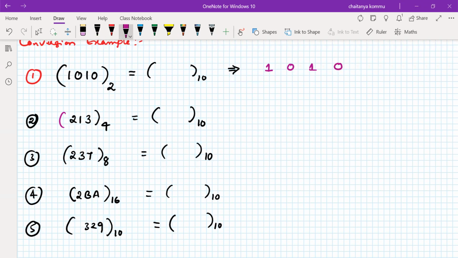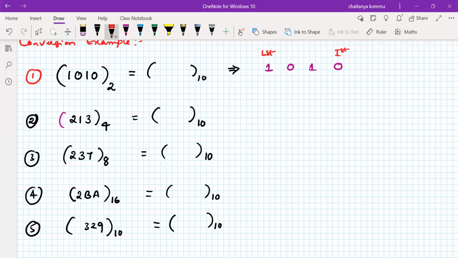Since it does not have any decimal point, whatever we have at the right hand side is the first position, and this is the last position.